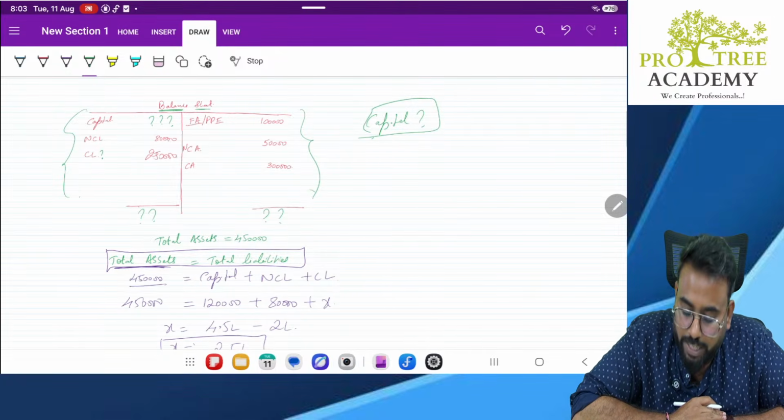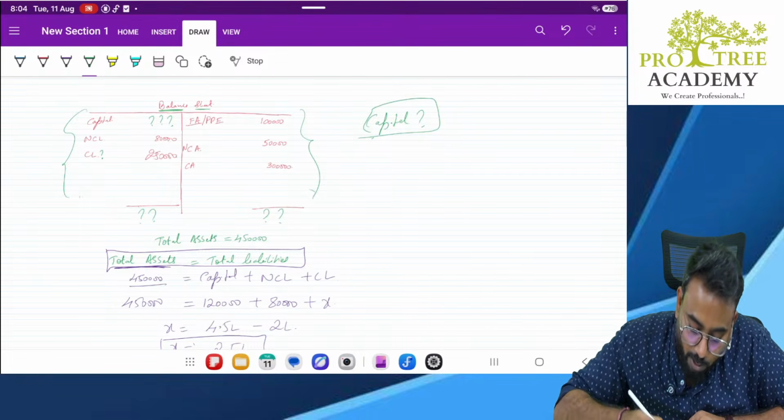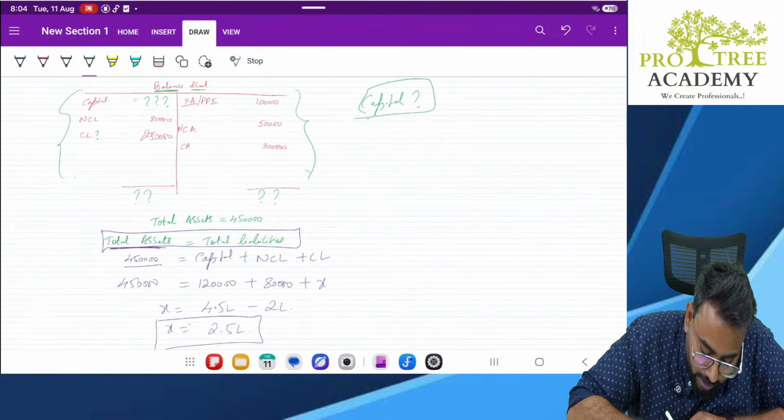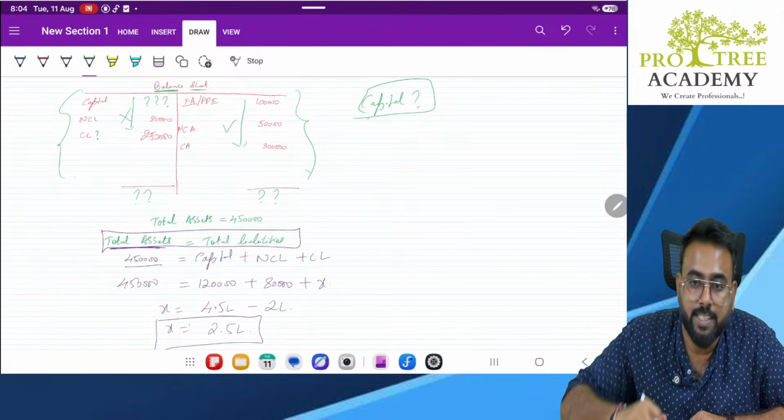I want to know what is my capital. Can we find out? Sir, you have not given figures, sir. How to find out? We can find out. How, sir? Have you got all the figures on this side? No, sir, we have not got. But have you got all the figures on this side? Yes, sir, we have got.